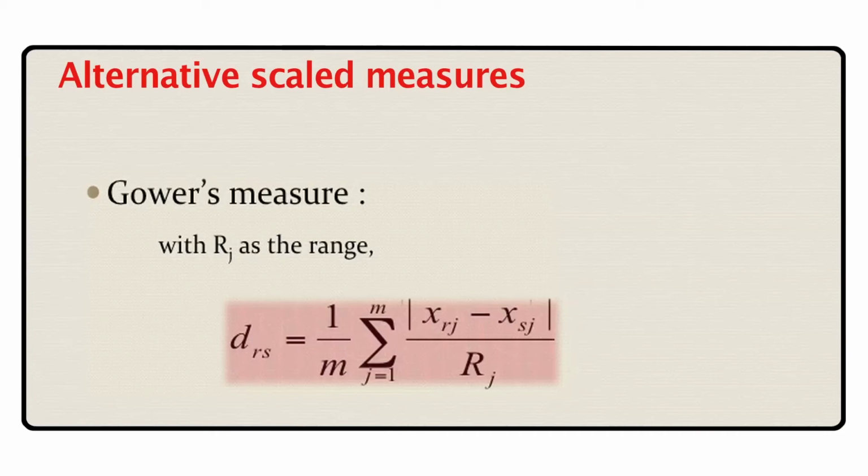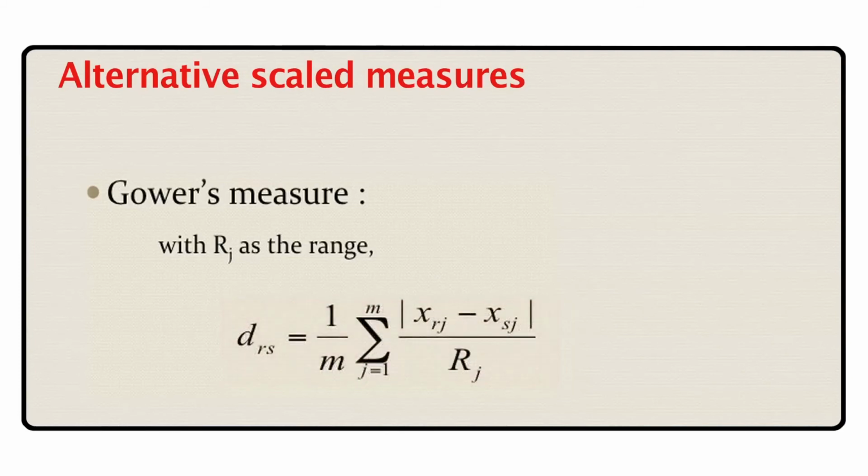So unlike before, if you look at the city block distance, then we do not use Rj, so we take Rj equal to 1. So in this case what we are doing is, we are norming each of the variables by their ranges. So the larger the range, the larger the norming factor in this case. And once we do that, we get a scaled version of what we did for the city block distance.